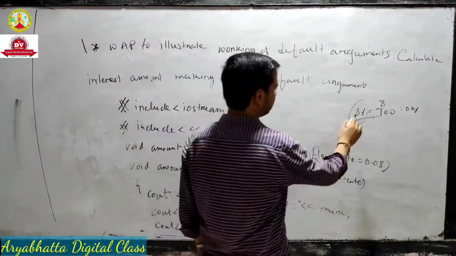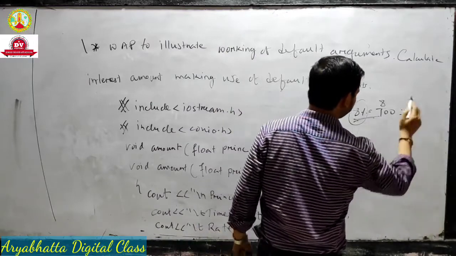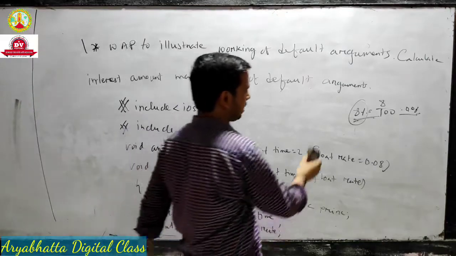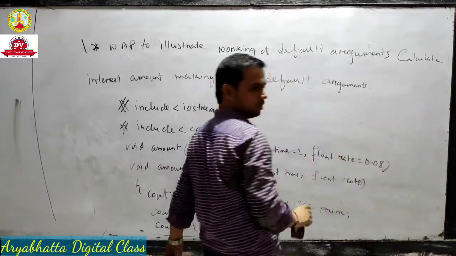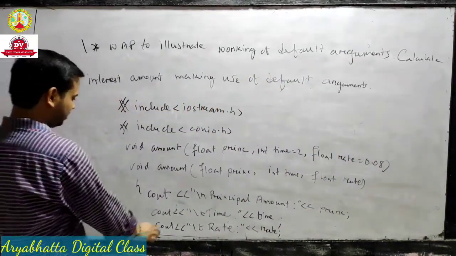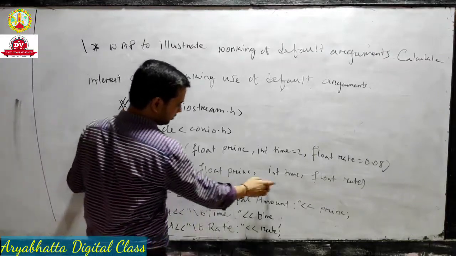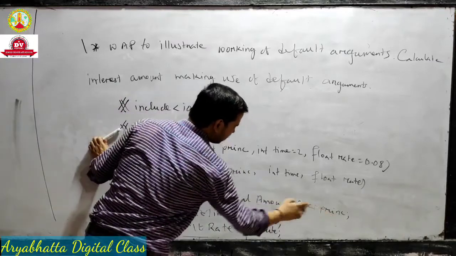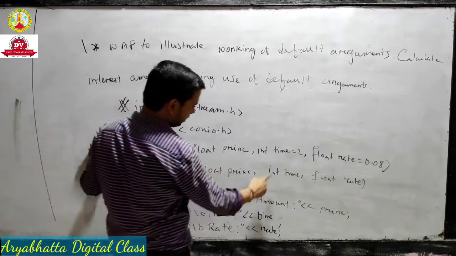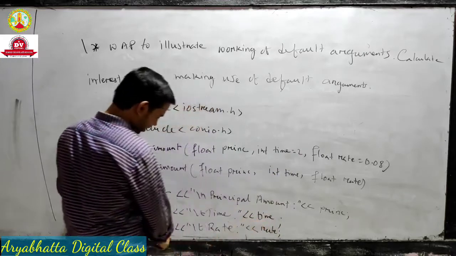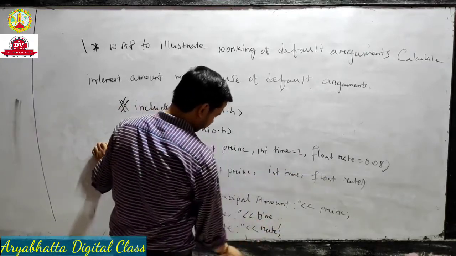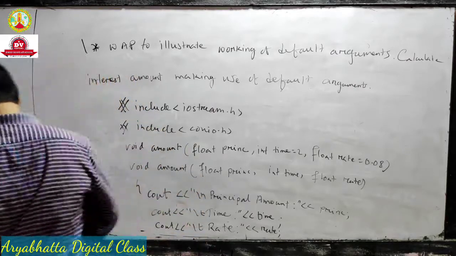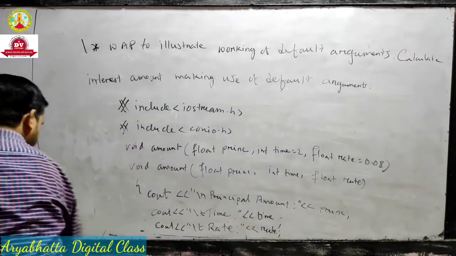That's why we write 0.08 in coding to mean 8%. And here is the input part. Void amount, float principal, this function takes principal amount, PRN, and variable time, and rate. Backslash n is for a new line and backslash t for a tab of 8 spaces. Okay. Here is the ending bracket.